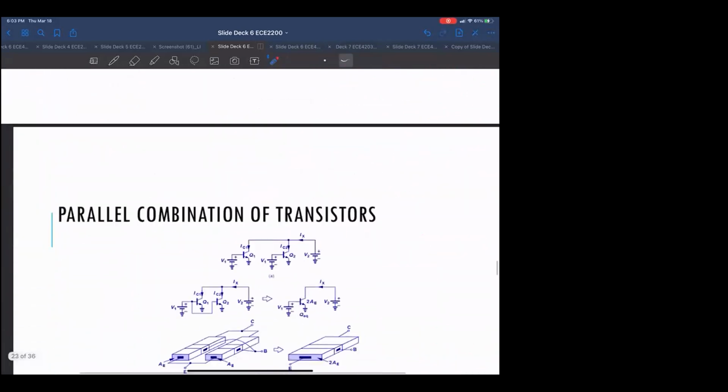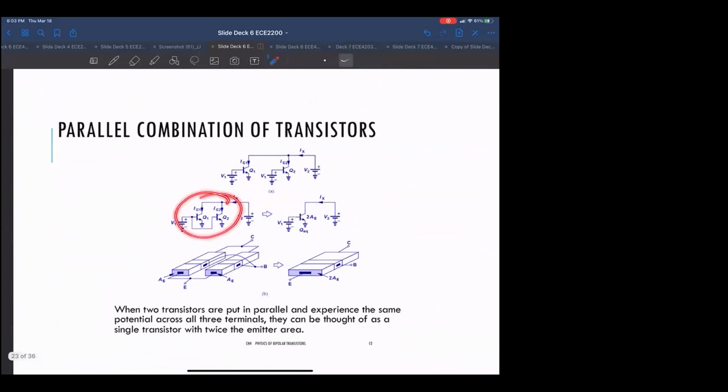So if you put multiple transistors in parallel, say a transistor in the lab isn't giving you as much change in output current with input voltage, you can gang them up together, and it's as if you have a wider device, or more current variation with the input voltage.